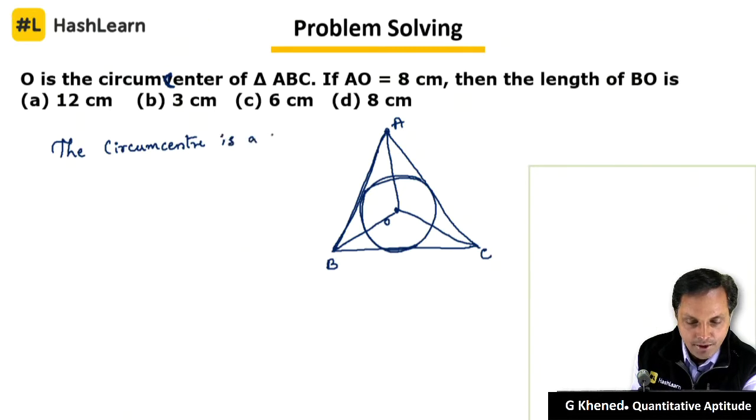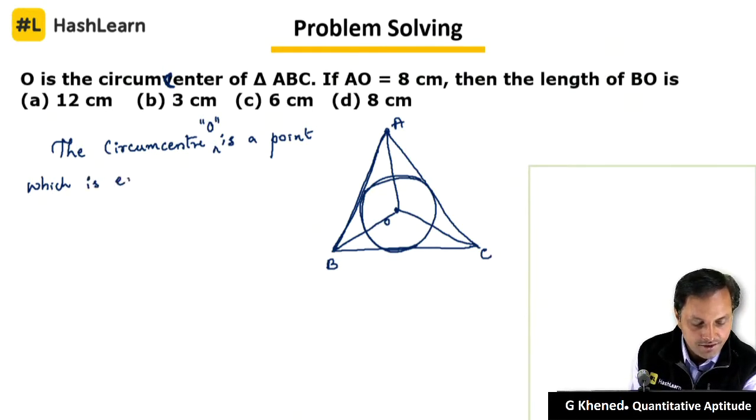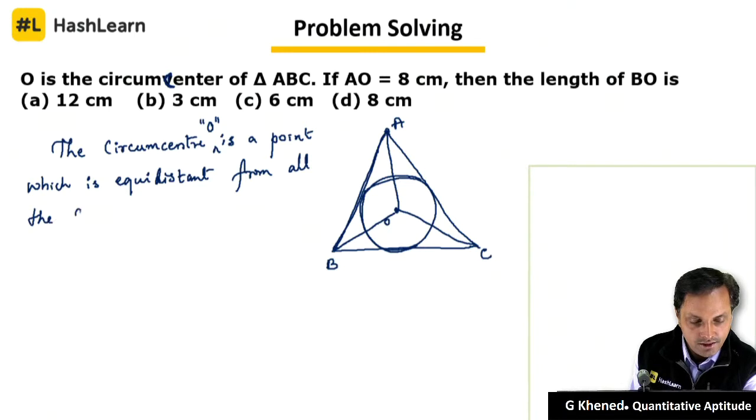The circumcenter is a point, that is O, they are given here. O is a point which is equidistant from all the three vertices of a triangle ABC.